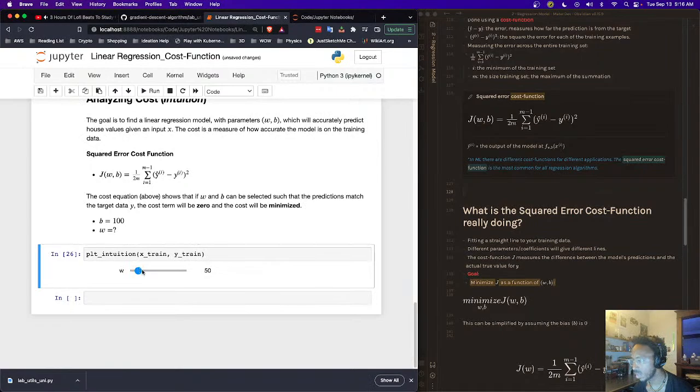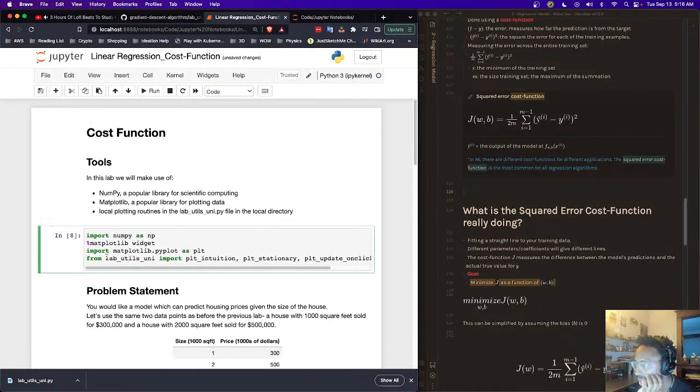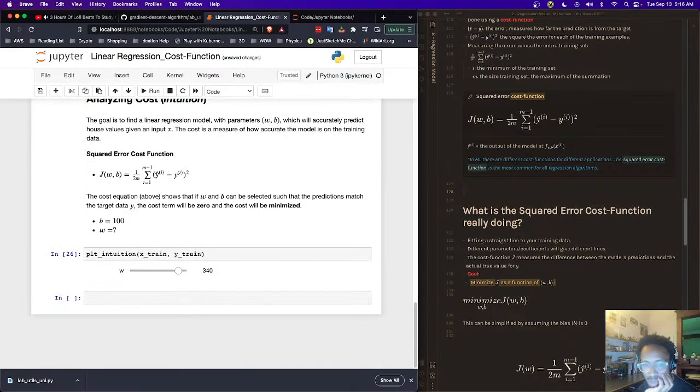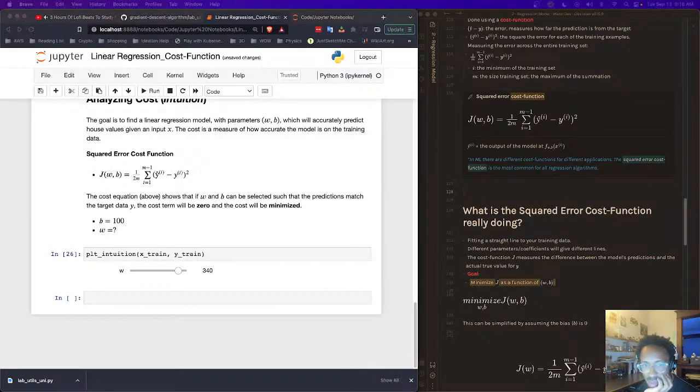I might be missing something here. No. I think I might be missing something because I'm using this lab utils that I found online. Maybe it's not the right one. Definitely messes up my whole thing here.